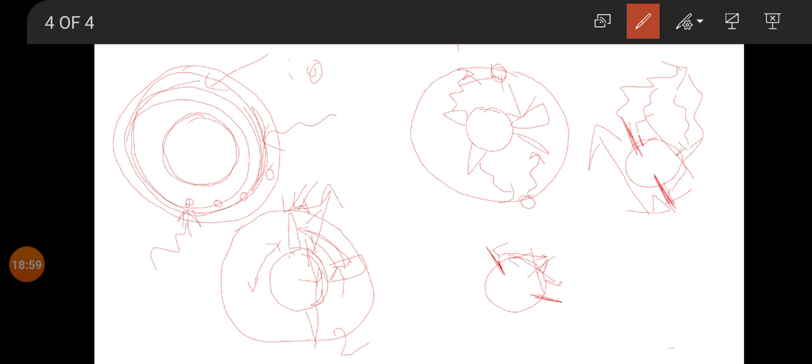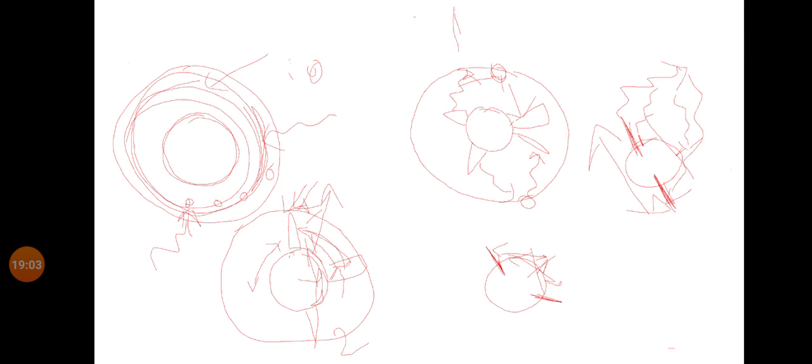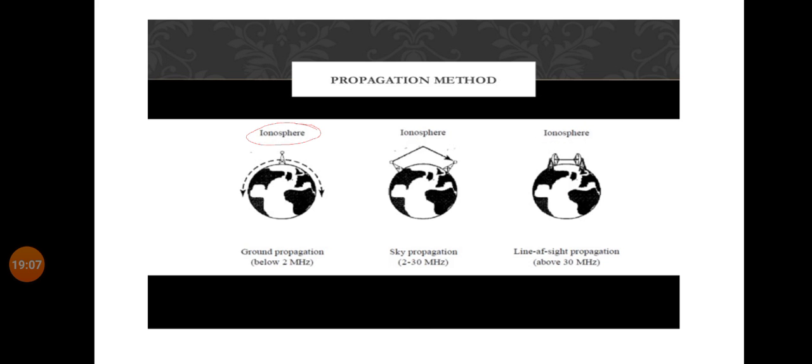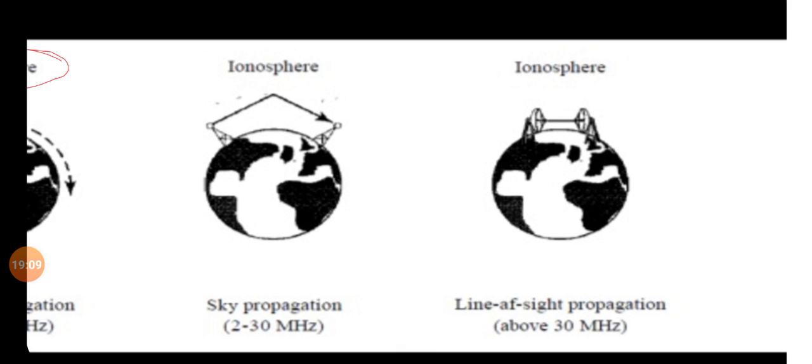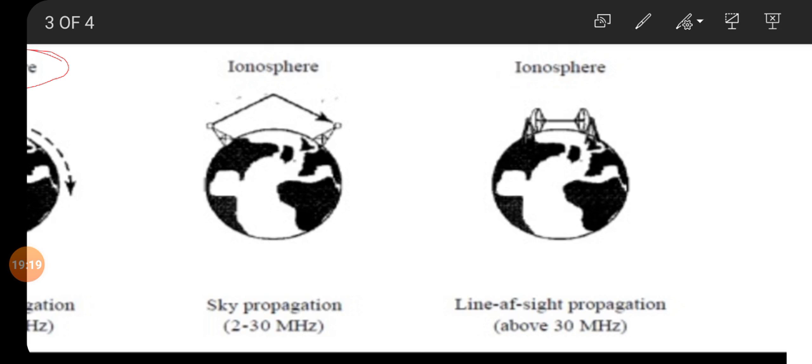Okay, then come to the third one, that is line of sight propagation. Line of sight propagation looks like this. You can easily understand it here. The name itself indicates it. The waves are transmitted in the line of sight from one antenna to another antenna. This is the first antenna and this is the second antenna.